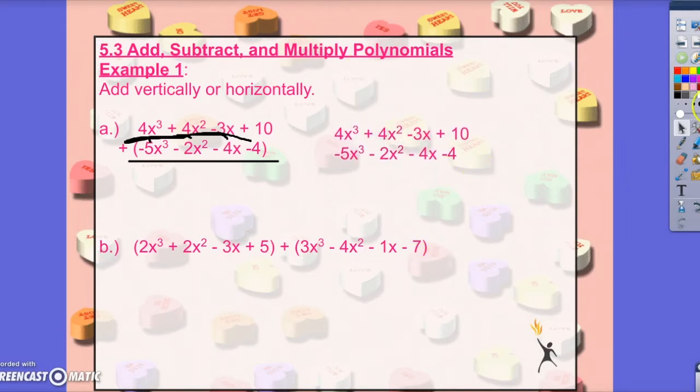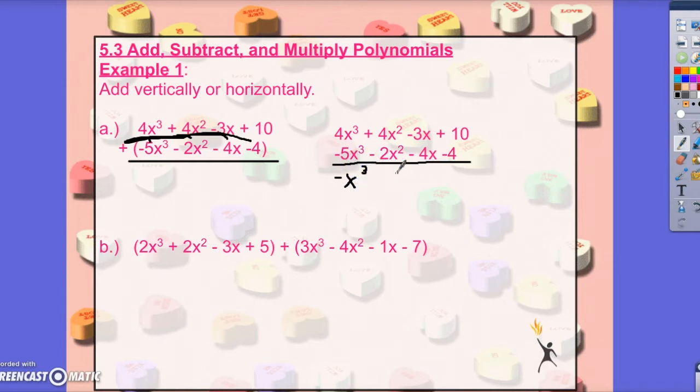This is the one we're actually going to solve. I'm just going to draw the line here. All right, so remember, when you add or subtract polynomials, they have to line up with the same variable to the same exponent, and then we just simply add or subtract the coefficients. 4 minus 5 is negative 1, or negative x cubed.